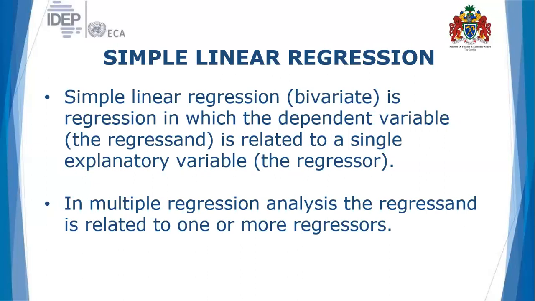It is regression in which the dependent variable, also known as the regressant, is related to a single explanatory variable, also known as the regressor. So we have two variables, one dependent and one independent. Whereas in multiple regression analysis, the regressant or the dependent variable is related to more than one regressor.